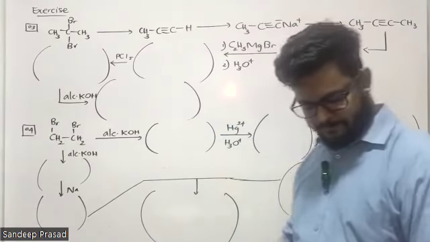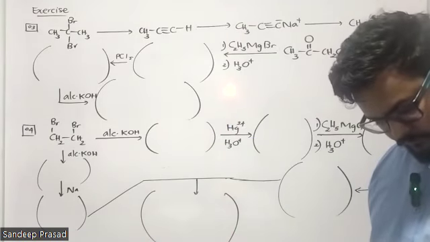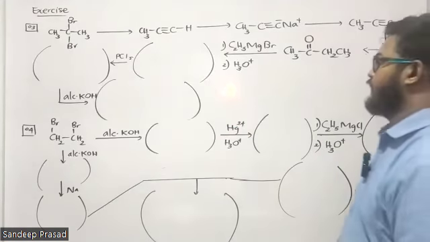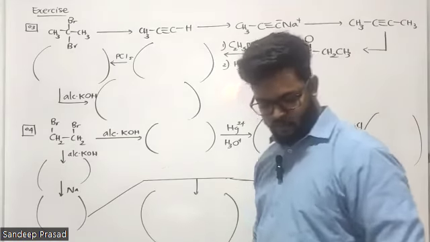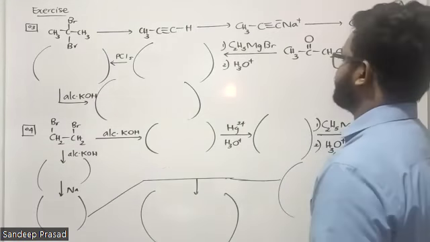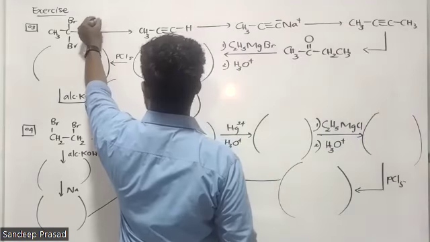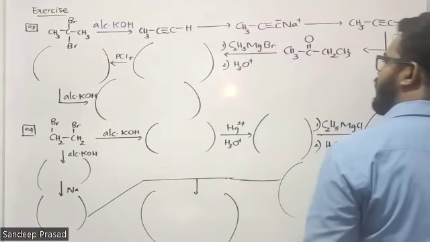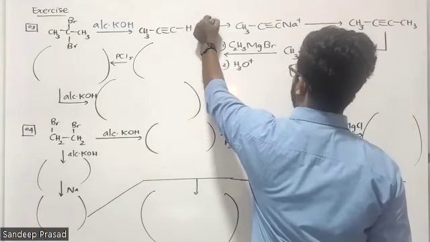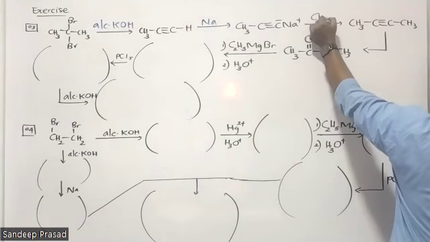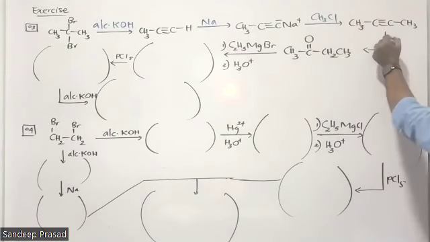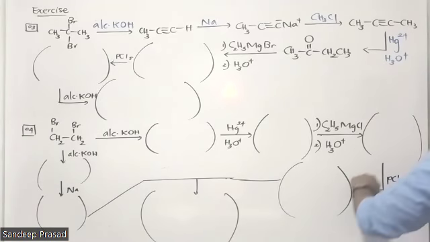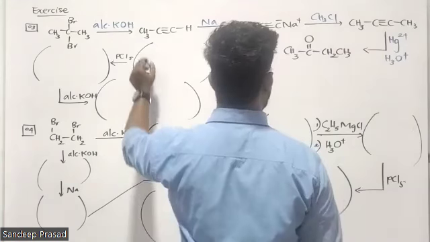Right, okay. So here, what we can do? Alcoholic KOH, sodium, CH3Cl, Hg2+, H3O+. Grignard reagent is added.